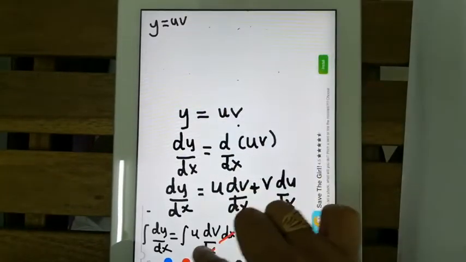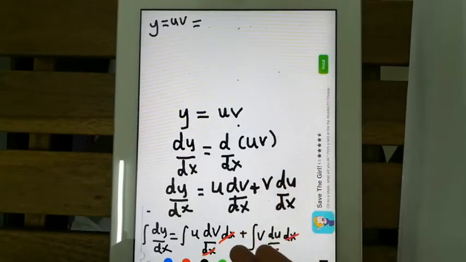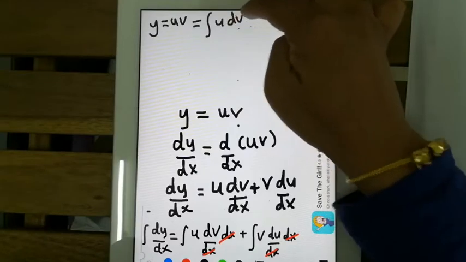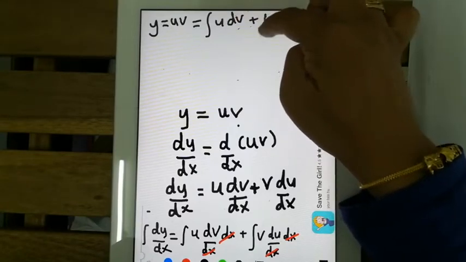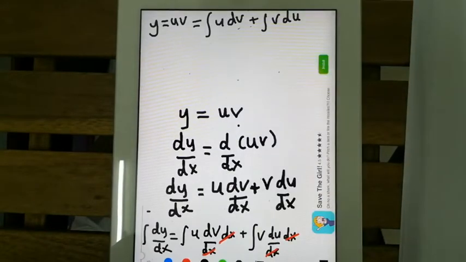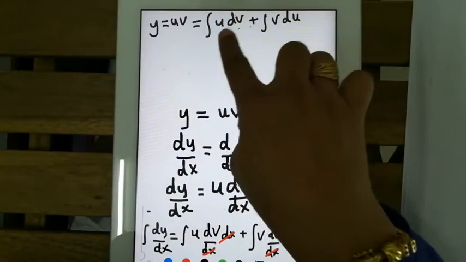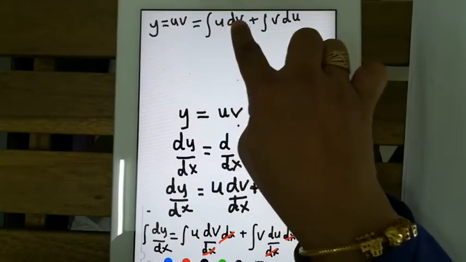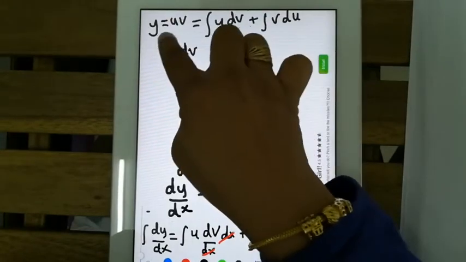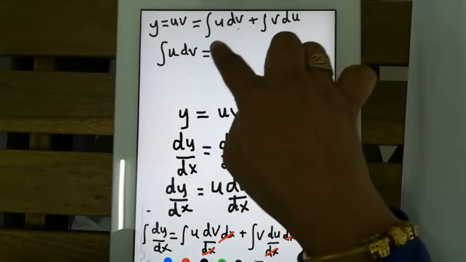What's left on the right side is the integral of u dv plus the integral of v du. Now since we want to know the integration of u dv, you get it by rearranging this.